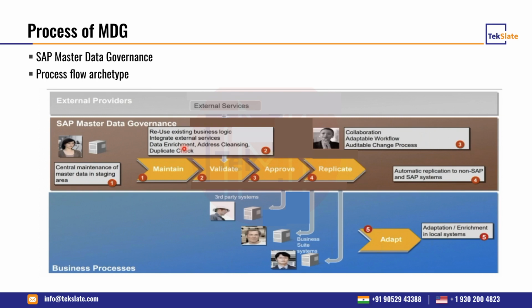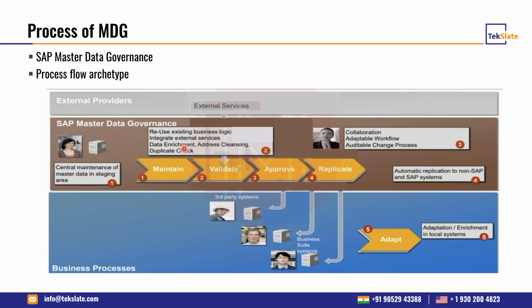This is explained in a simple way. Once this requester submits the CR, it will go to validation. Validation uses background business logic, data enrichments, address cleansing, duplicate checks. These all will happen at the back end. Then it will go to the approval level. Once the approver approves, it will replicate properly.